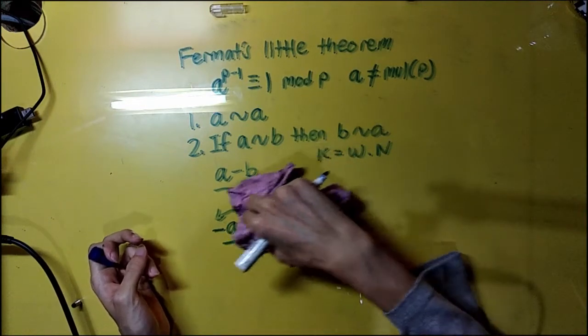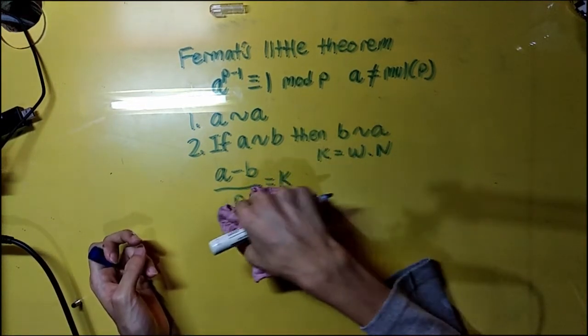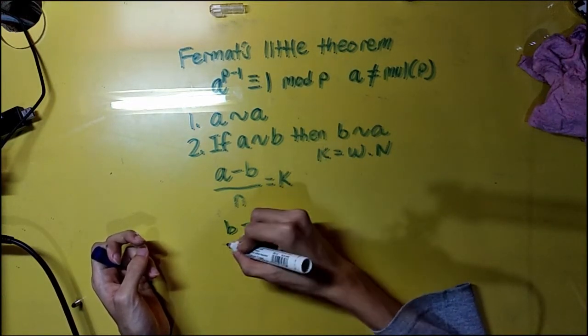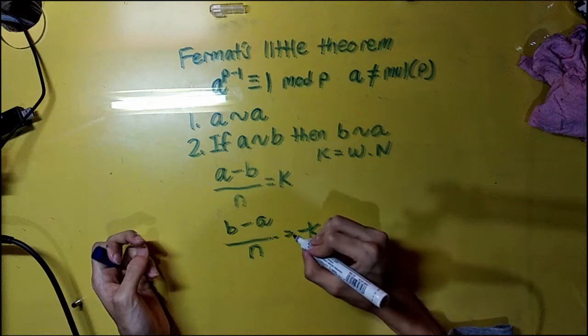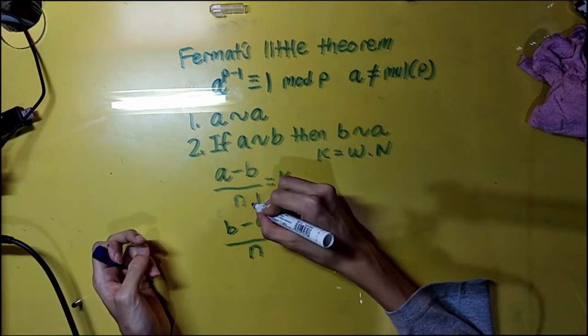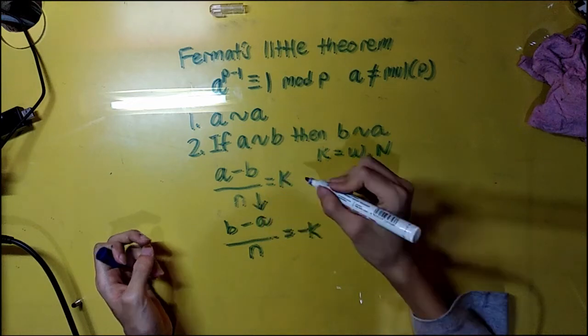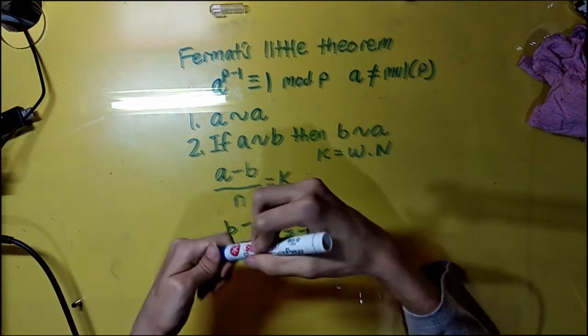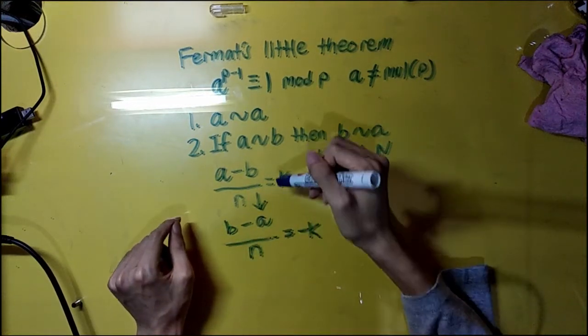I mean, there's no problem there, clearly. So that would give B subtracted by A divided by n is going to give out -k. This statement is equivalent to this statement because we multiplied by -1 on both sides. That doesn't change a thing. We preserve this equation, basically.